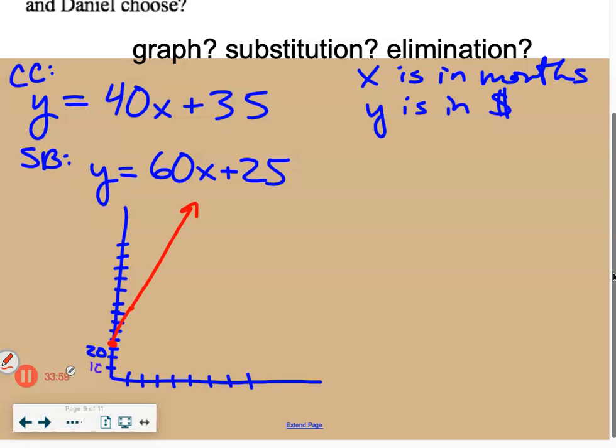We have that for our line. Second plan, we start at 25. So we start a little lower, but we go up 60. Go over 1. And we get that for our line. Which means it's before even the first month that the second plan is already more expensive.